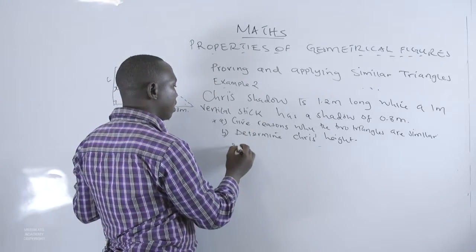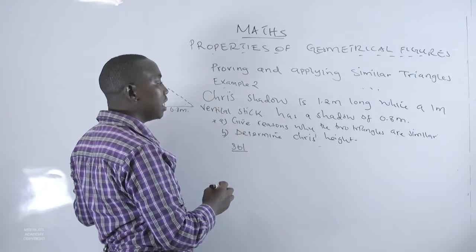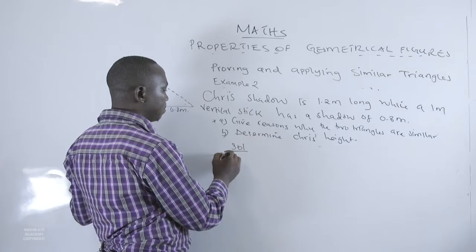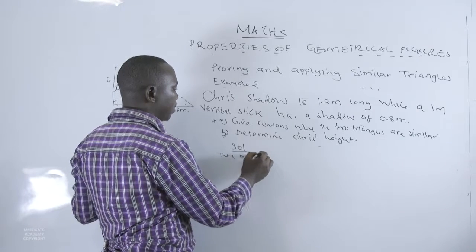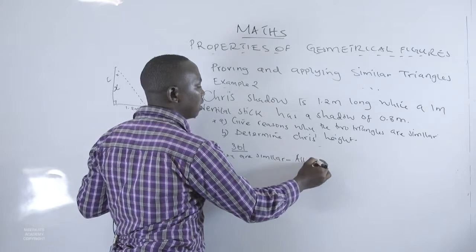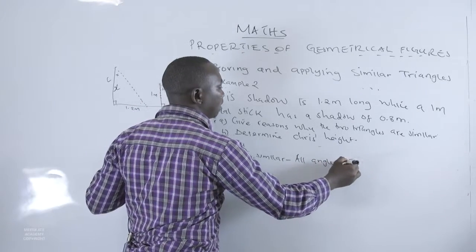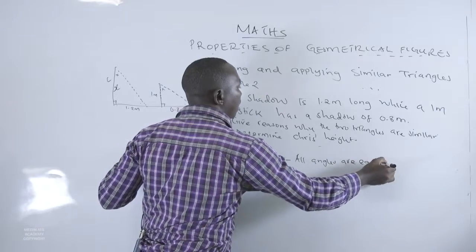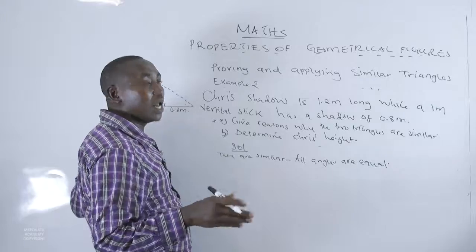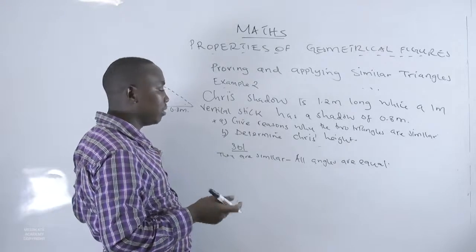And therefore, you can comfortably say that the two triangles are similar. Reason being, all angles are equal. And if all the angles are equal, that will tell us that these two triangles are similar.